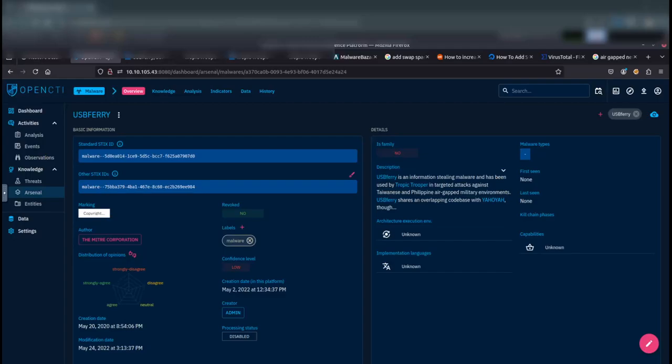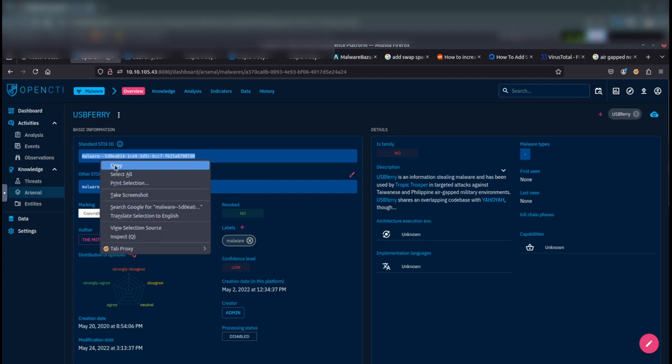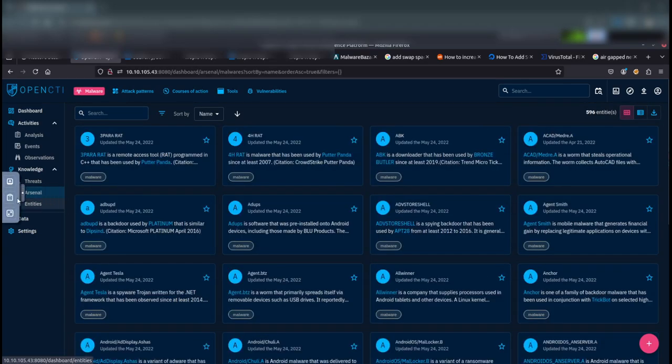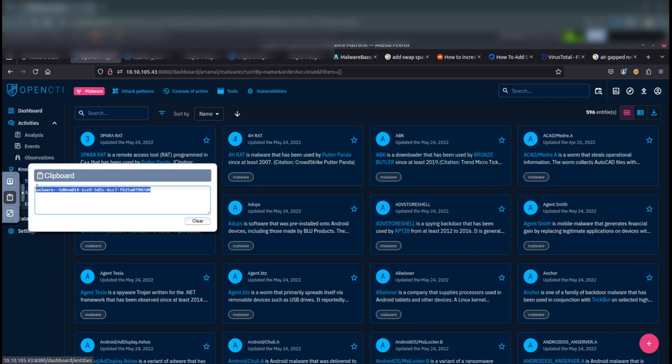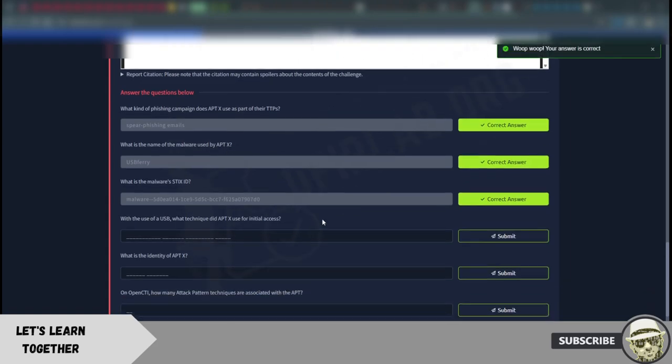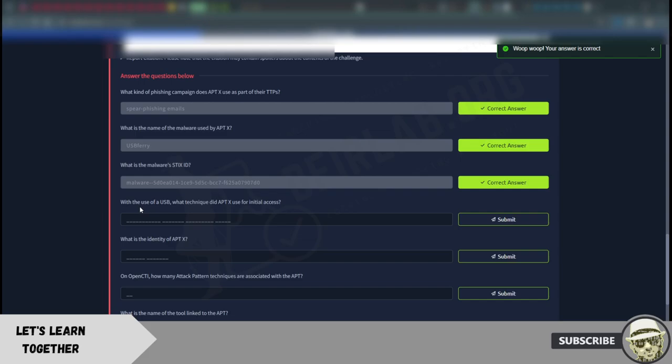Let me real quick copy this ID. This is it. With the use of USB, what technique did APT X use for initial access?